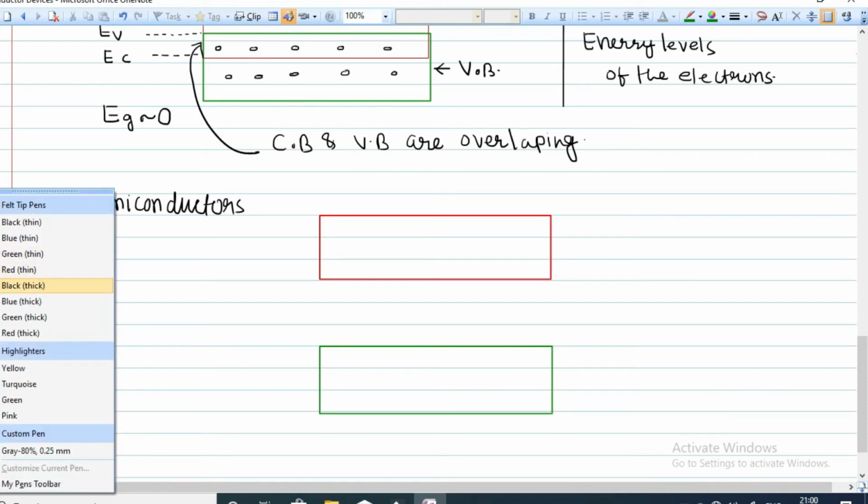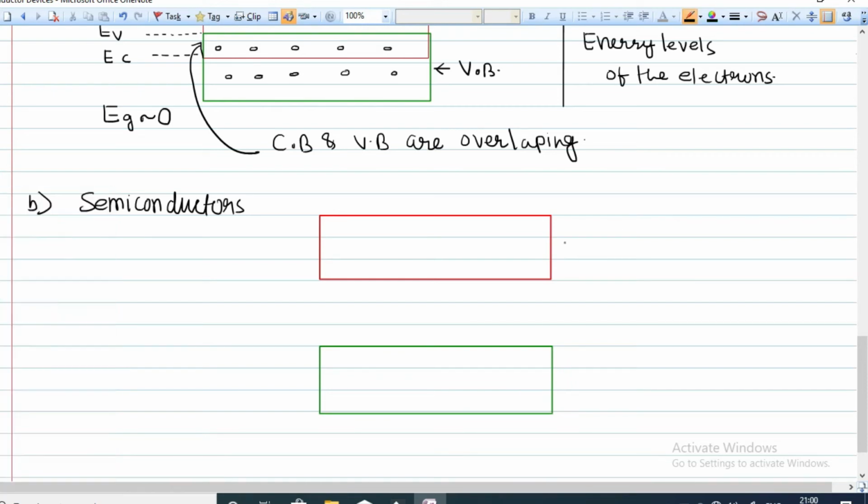This is our conduction band CB, and this is your valence band. In the valence band, electrons are present, and the energy of these electrons is nothing but the energy of the valence band. These are the electrons present in the valence shell. So the energy of these electrons is known as the valence band, and this is your conduction band.